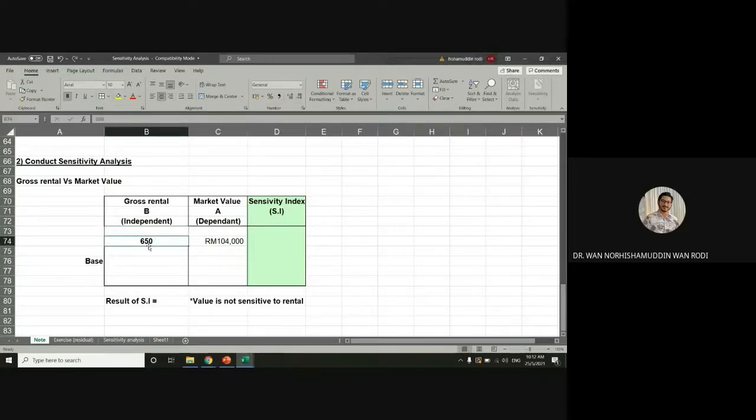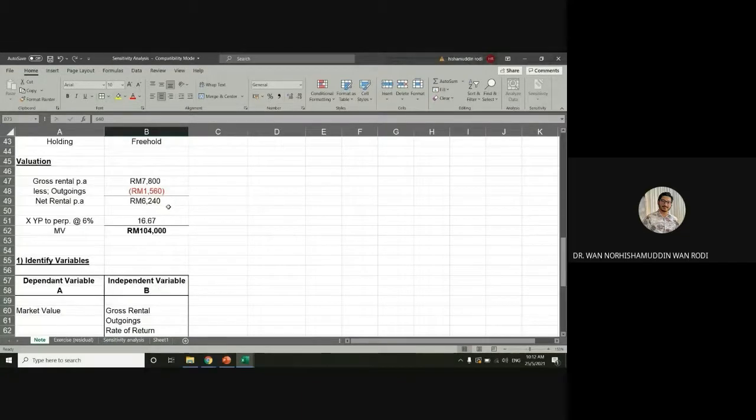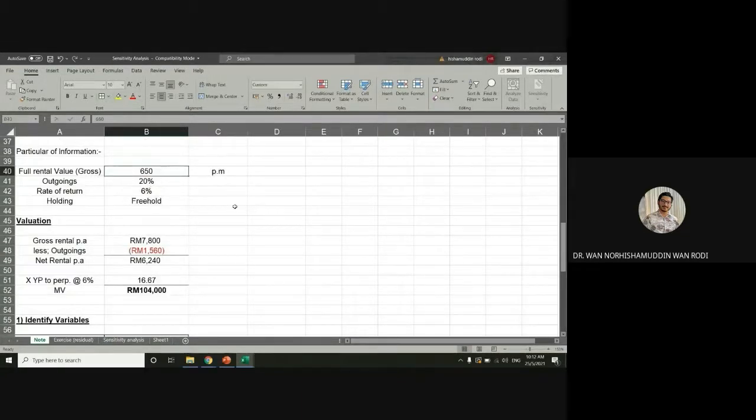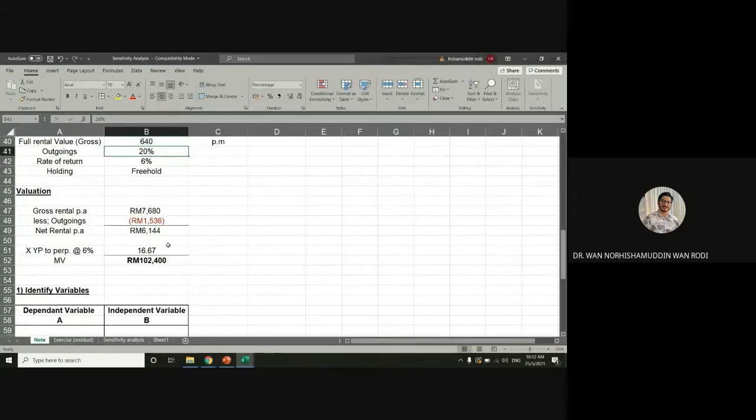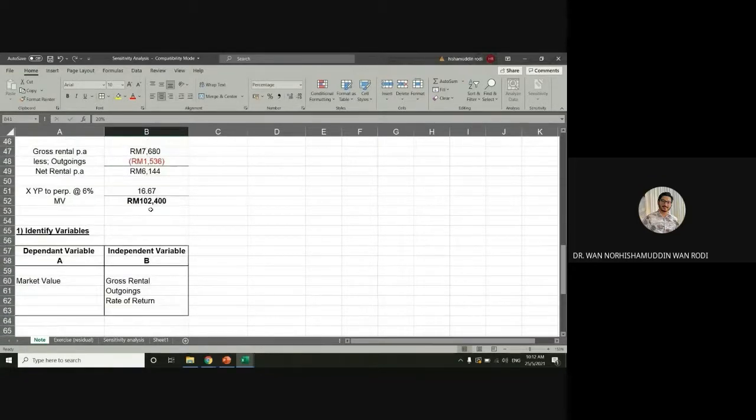For example, let's say we want to reduce the gross rental by 10 ringgit per month. So you just put here 640 ringgit per month. Then you change the base of our calculation to 640 per month. You will get a reduced market value of 102,400.